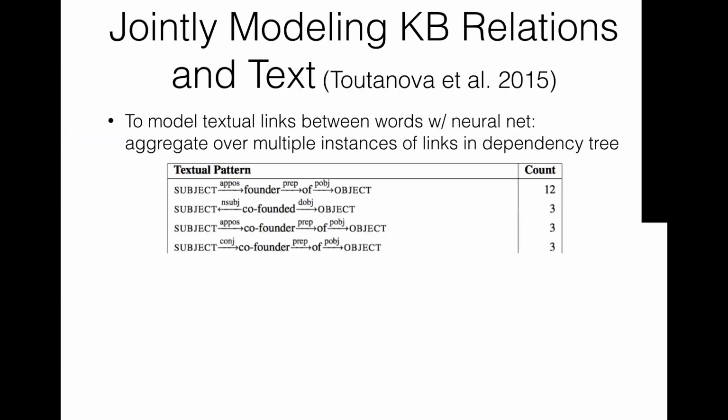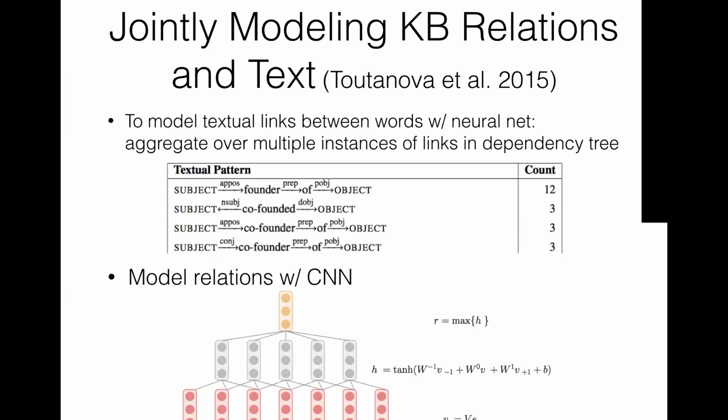Each of them is potentially a relation, and what they wanted to do is to featurize this relation into a relation vector form. They run a CNN over the sequence of path specifications, and finally form a relation vector for each of these textual patterns.